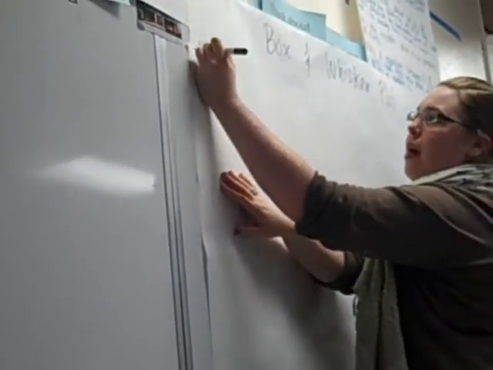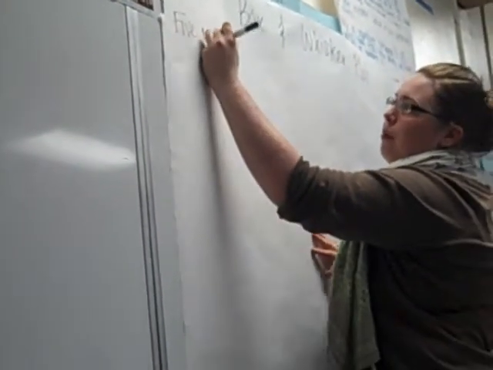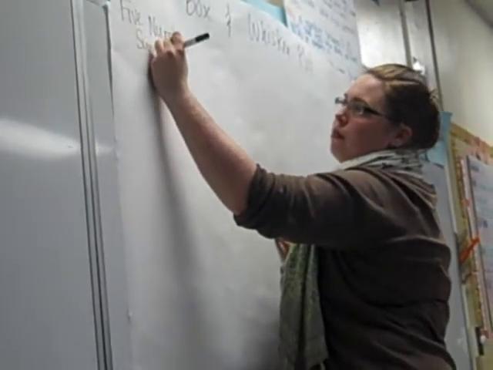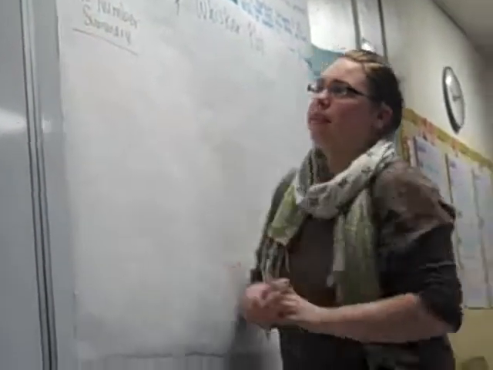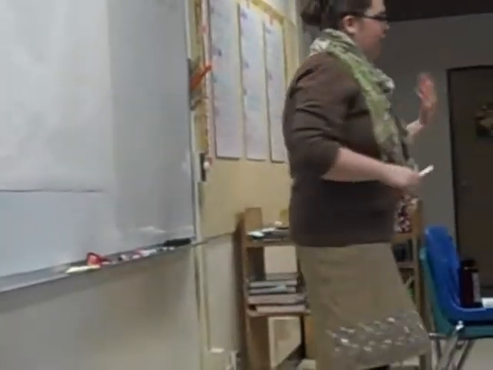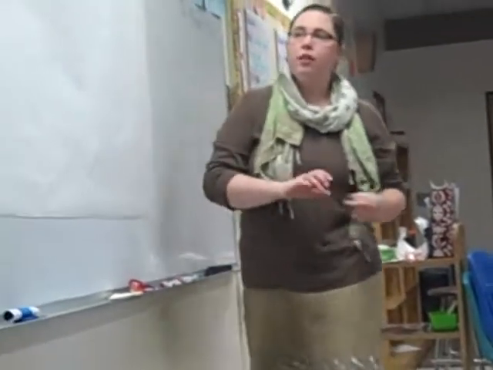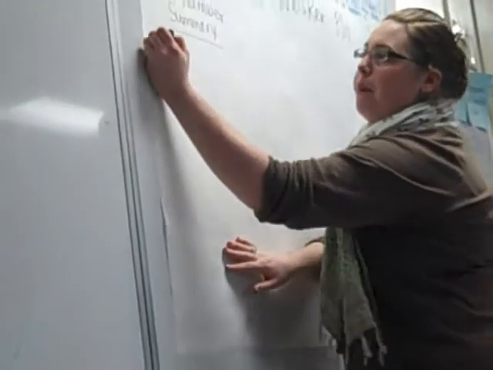a 5-number summary. Five-number summary. So, as you might predict, a 5-number summary has 5 parts. The first one is one you've heard of, called the minimum.